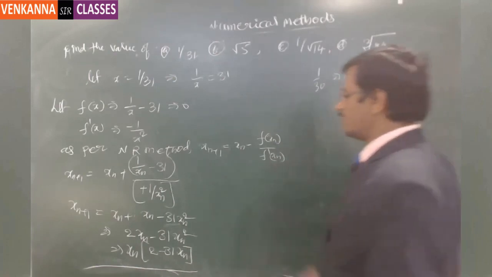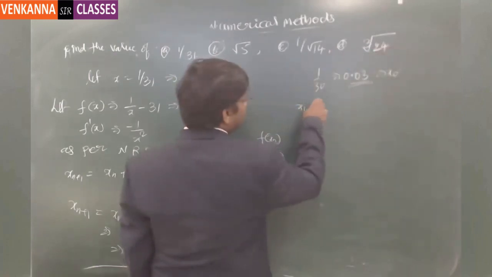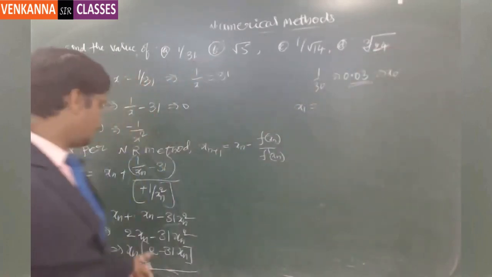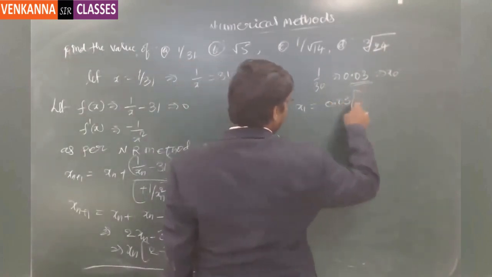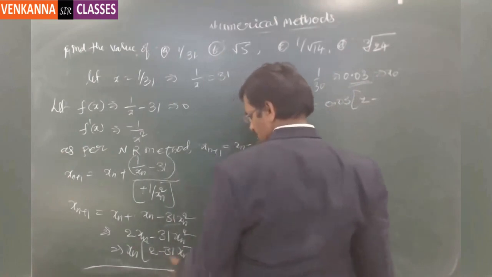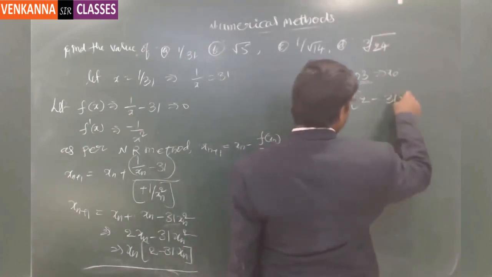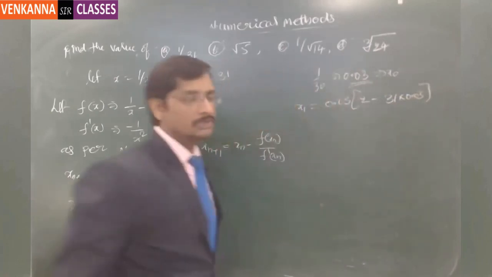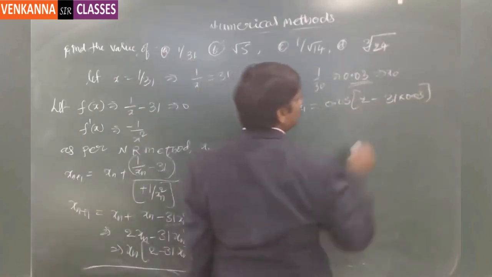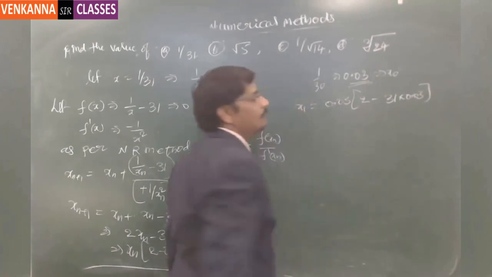Then to find the value of x1, take the first approximation as 0.03 and substitute here, 0.03 into 2 minus 31 times 0.03. So we have to calculate this value. So this value is a better approximation.